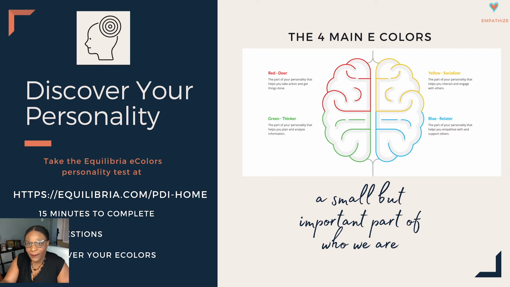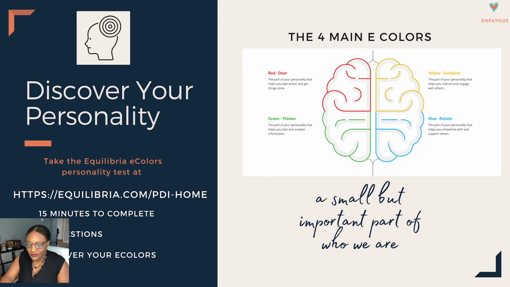But when I am at my most comfortable, when it comes to the kinds of jobs that I would prefer, the things that I would like to do, I prefer and lean to the red and the green. And because I know that, I am aware that I need to not forget about the yellow and the blue side of me, right?